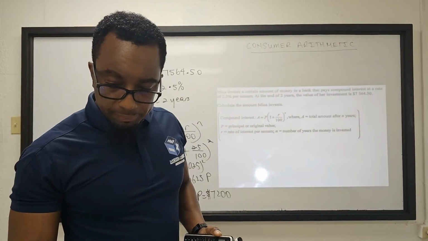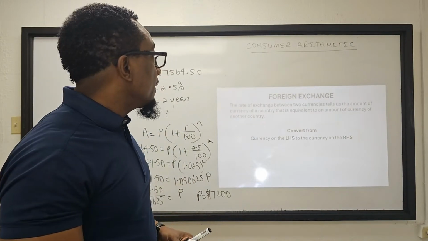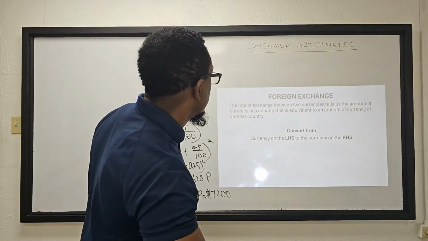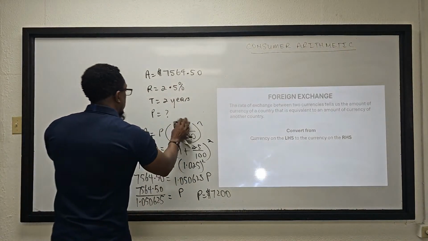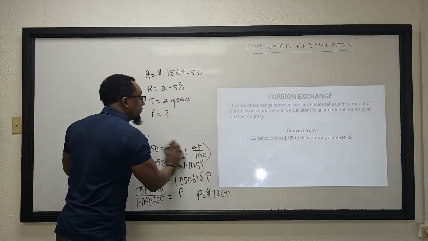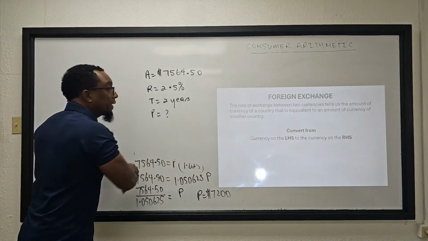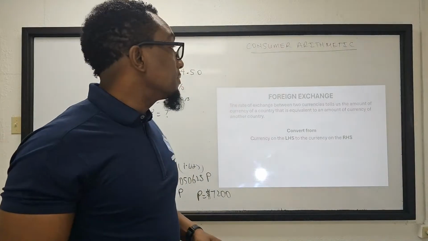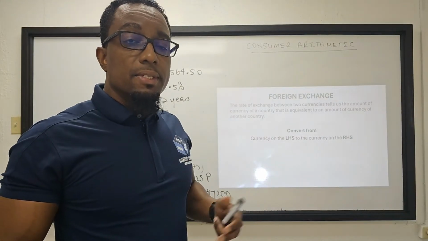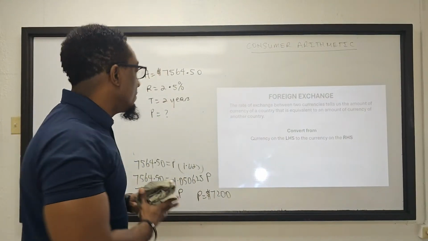Alright, let's move on. So looking at foreign exchange. Another topic under consumer arithmetic. You can see this is an exam topic, it's foreign exchange. This is a topic you see regularly in the exam.